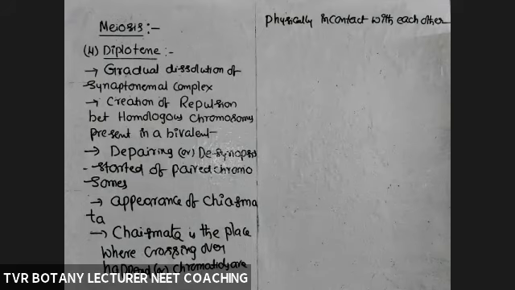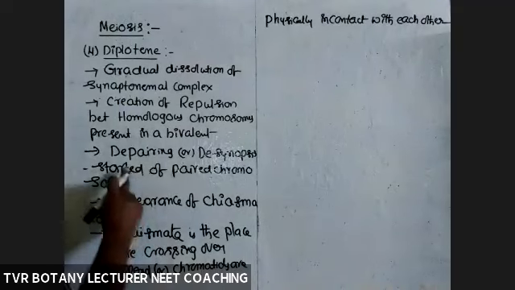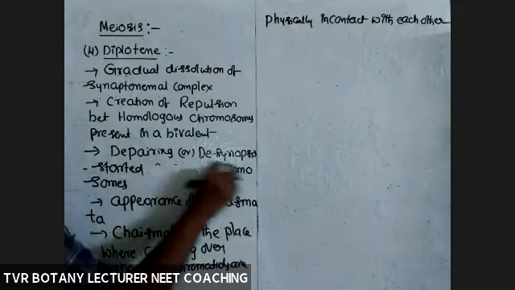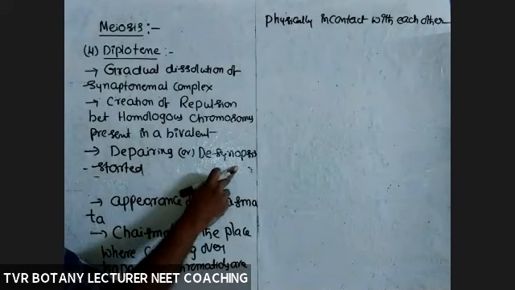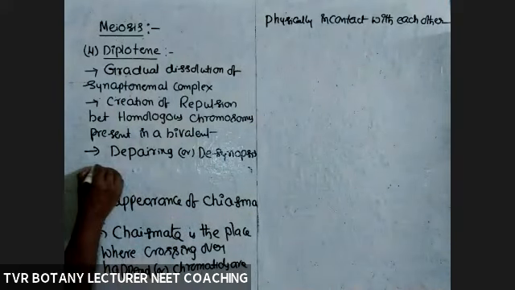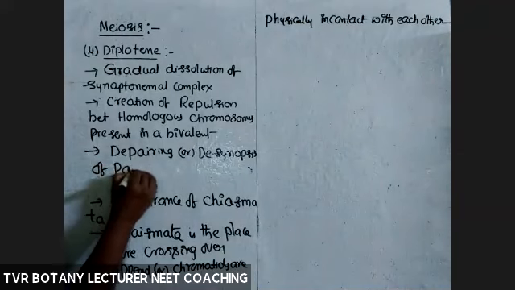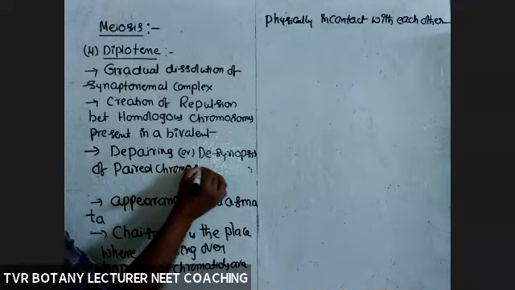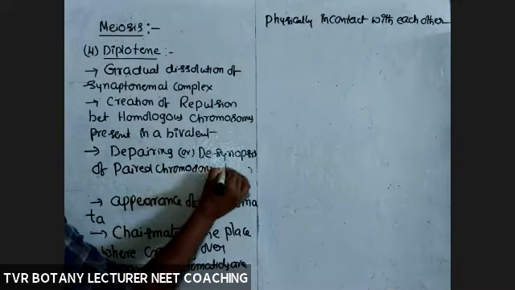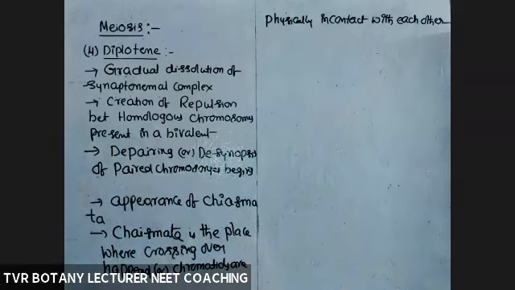Okay, so depairing or desynapsis of paired chromosomes begins, and appearance of chiasmata.